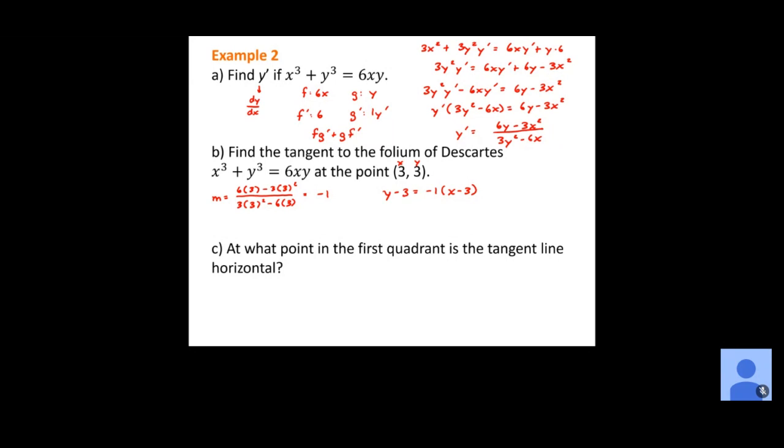Okay, so it will, I agree with that. Think about what the derivative represents, and think about what would be true about the derivative if the tangent line is horizontal. First off, what does a derivative represent?